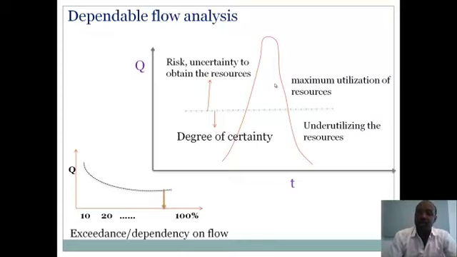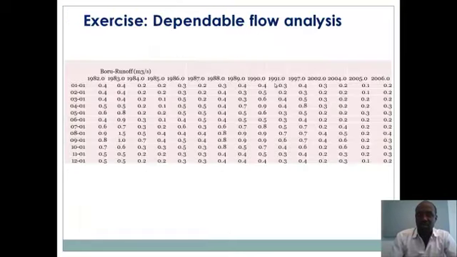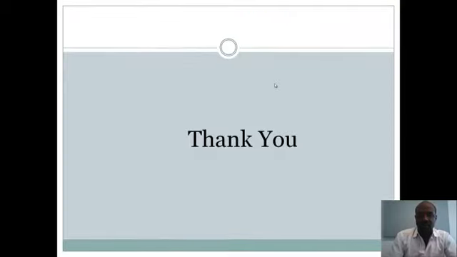So, playing with this, we have to really utilize the resources, maybe beginning with a smaller command area with a higher dependable flow, and then moving to irrigate more and more land. That is, accepting small risk is beneficial. Then this is all. Thank you.